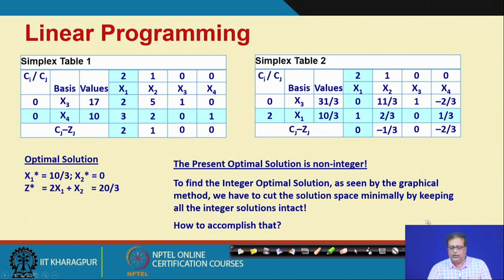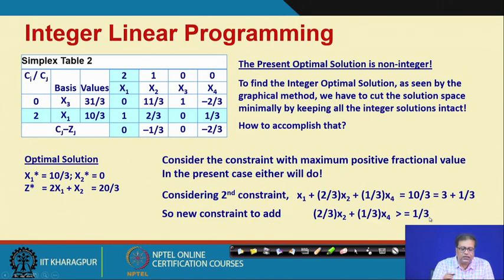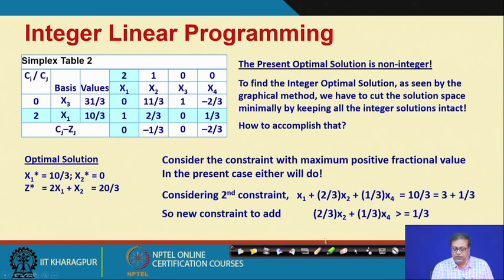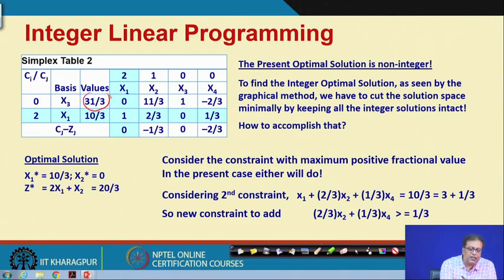So, look here now again, look at it very carefully. Look at these two lines and look at the values. There are two values, 31 by 3 and 10 by 3. Out of these, find out which one is having, listen very carefully, the maximum positive fractional value.